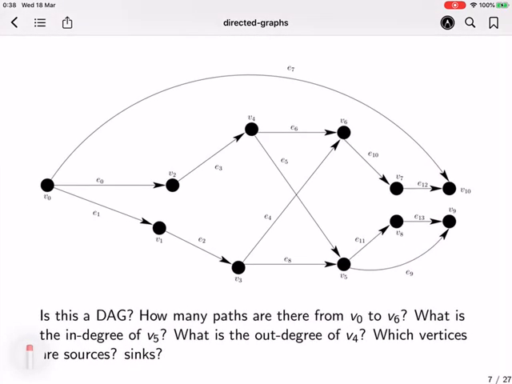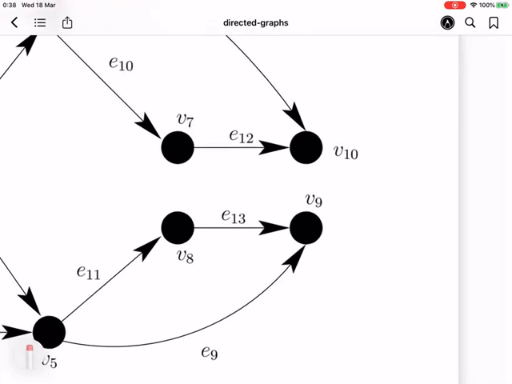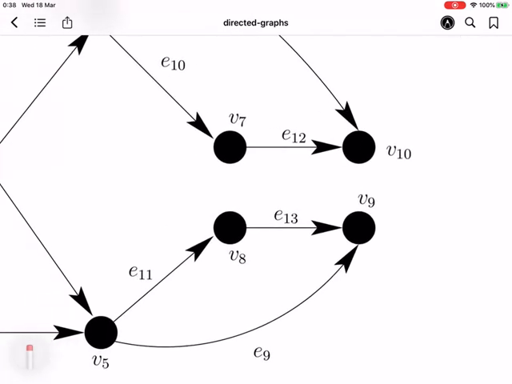Okay, let's look for a sink. Oh, there are 2 sinks in this graph, V9 and V10. V9 has 2 edges incident to it, both of them enter V9.